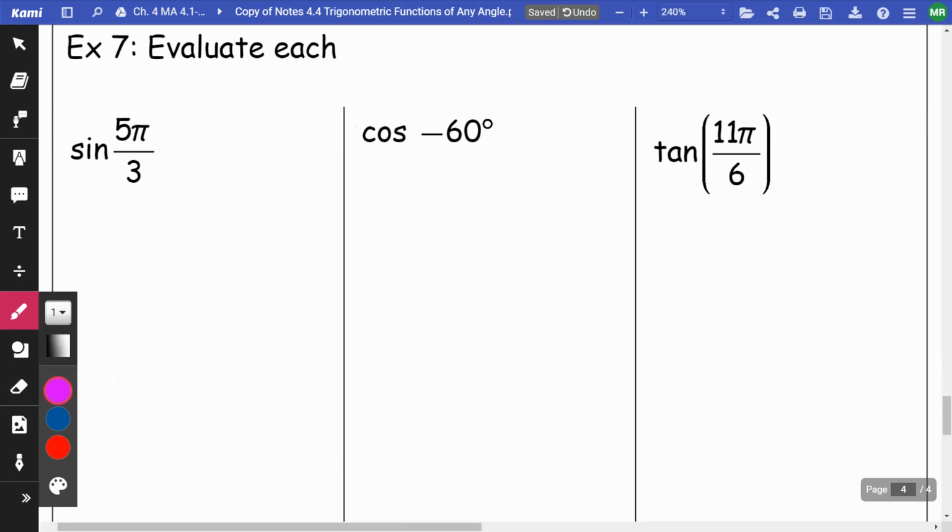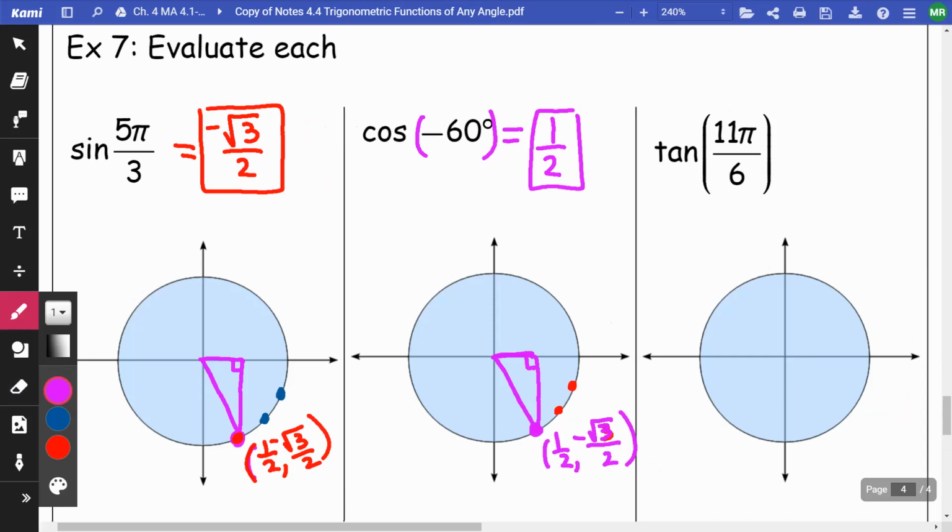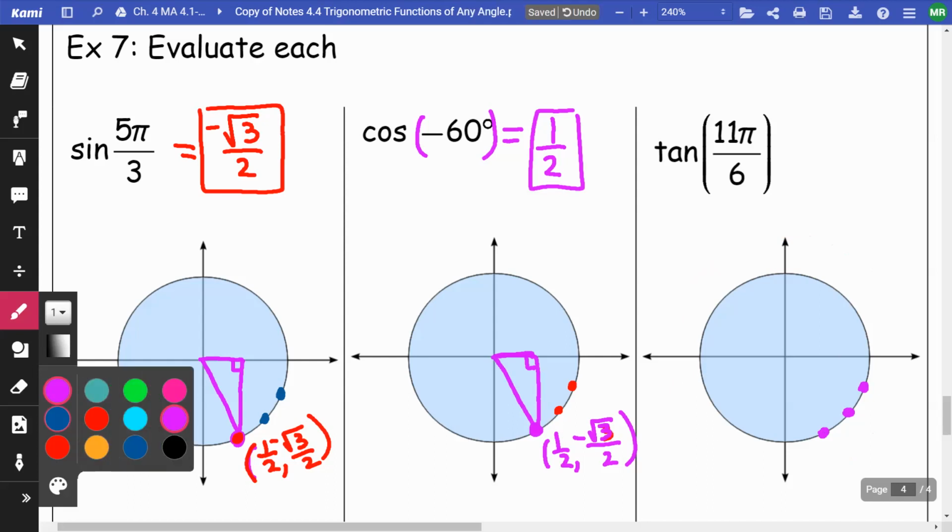On the next one, tangent of 11 pi 6, that is also going to be in quadrant 4 as I'm going around my unit circle. So again, if I'm going around my unit circle positive this time, I'm going this direction, and I am going to end up in that quadrant. So I have my 3 marks here. I want 6 this time, so it's going to be this one right here.